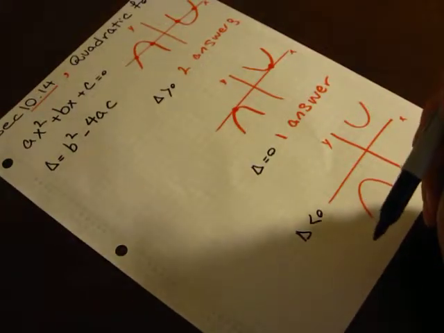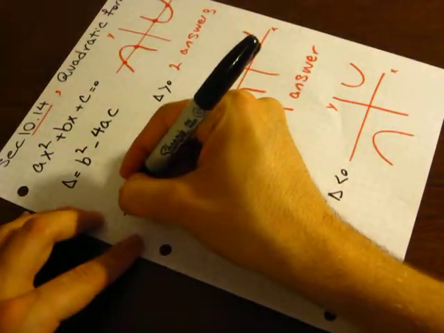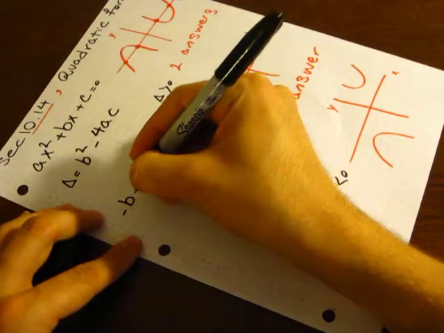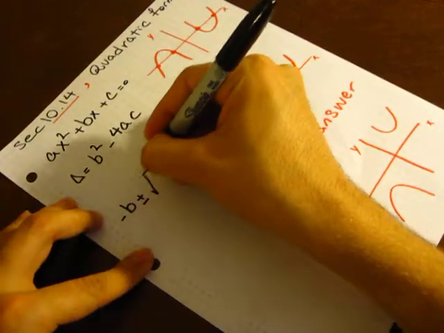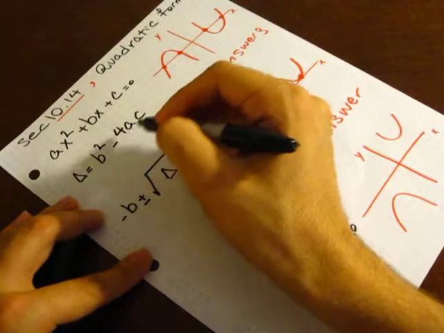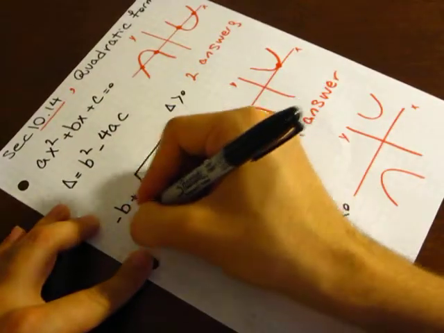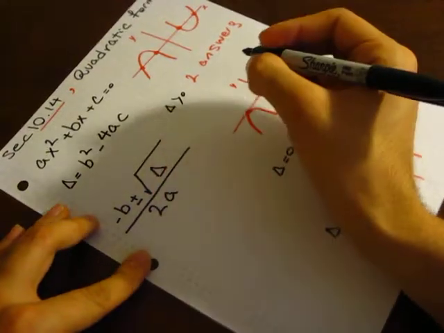There is a quadratic formula, which is minus b plus or minus radical delta, which is b squared minus 4ac, and then the whole thing divided by 2 times a.